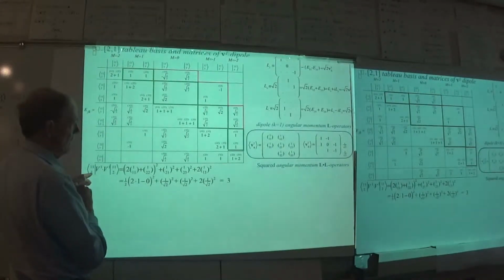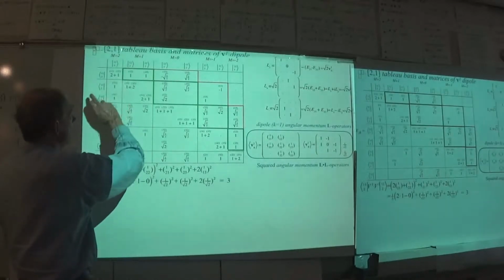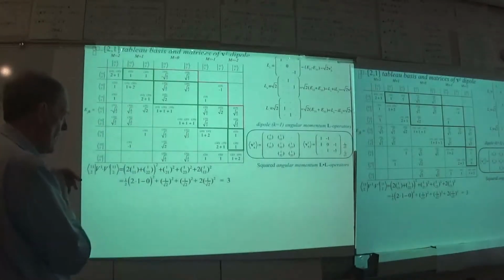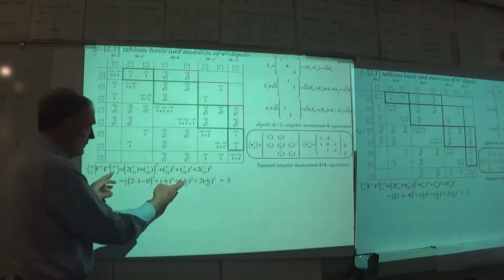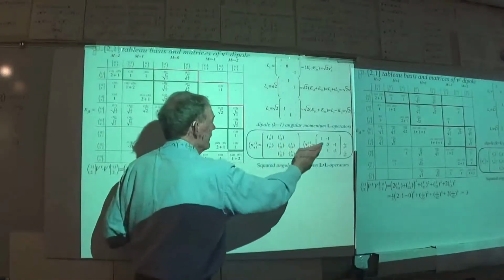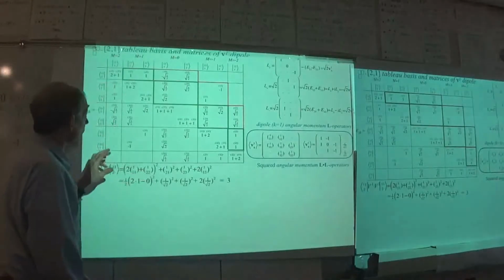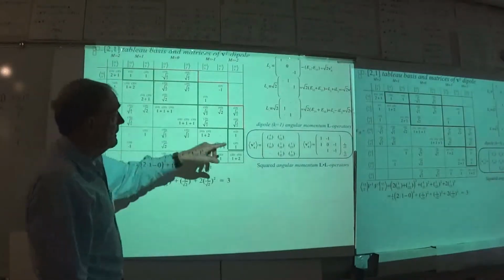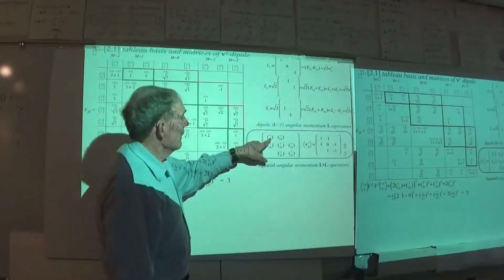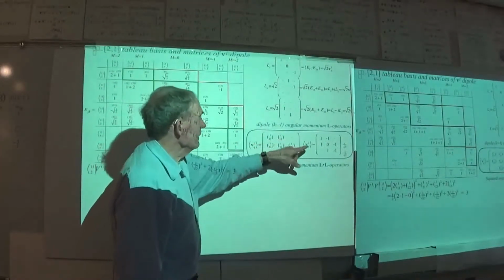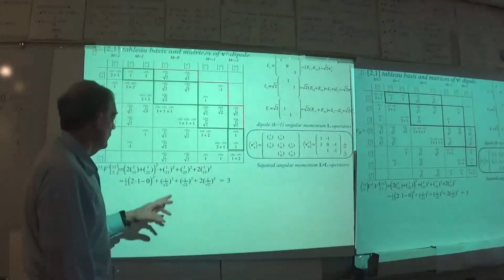I think that's right. 2, 3 squared, just 1. I'm a little confused at this point. Let's see, I'm looking at the wrong number. I should be looking at the numbers from this table right here. So what I have to do is multiply each here, and if I'm squaring, I've got to square the result. I've got to take each one of these numbers here, mostly ones over the square root of 2.